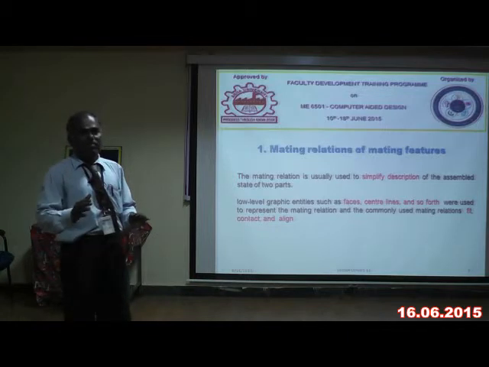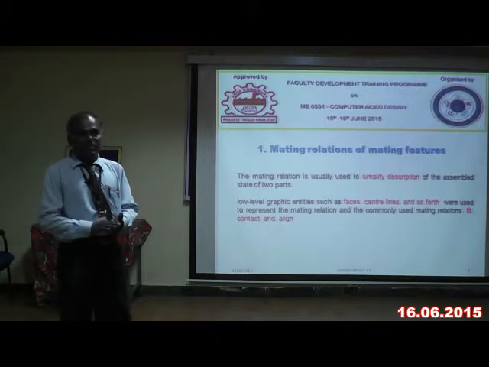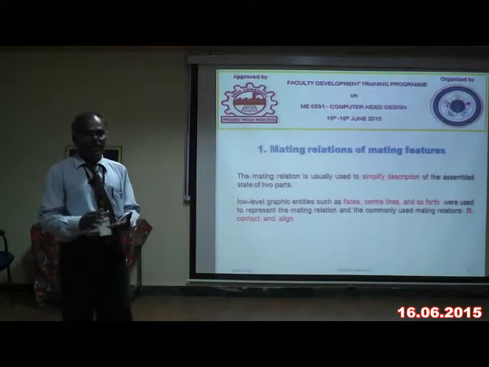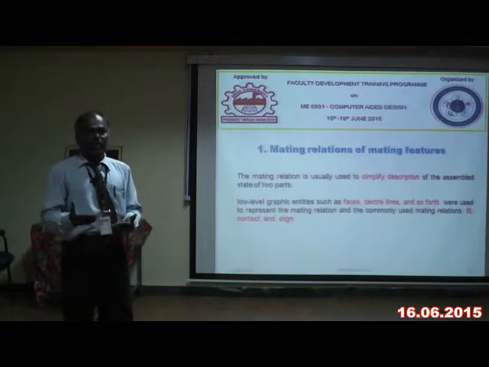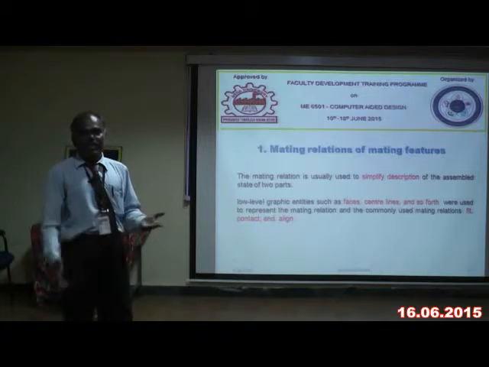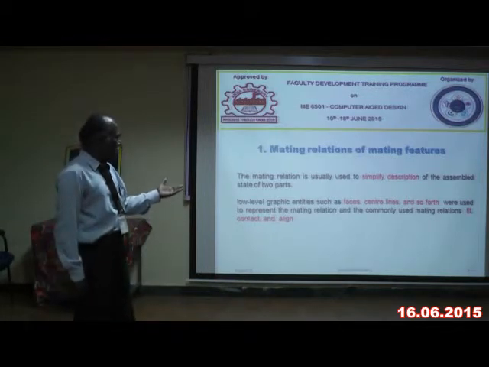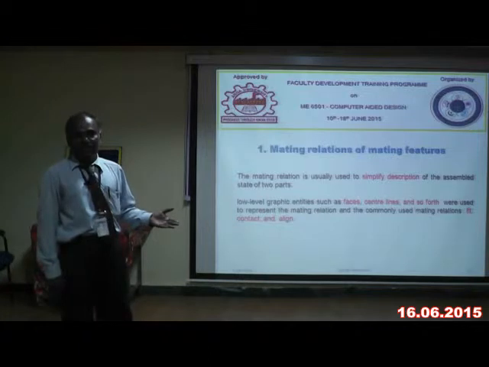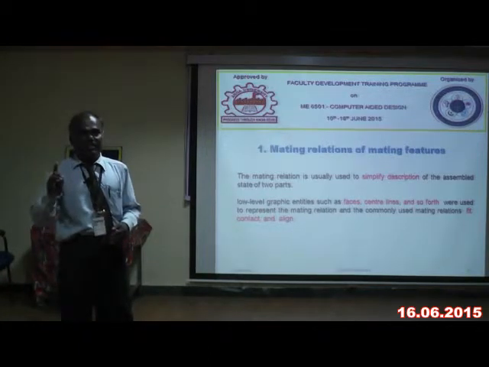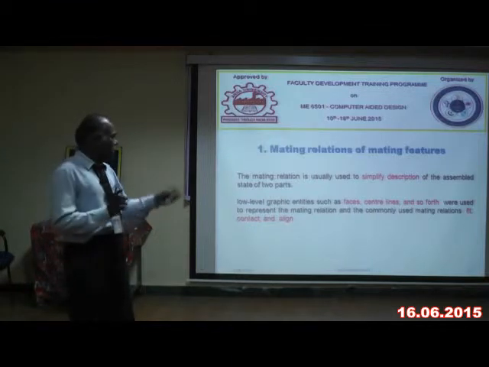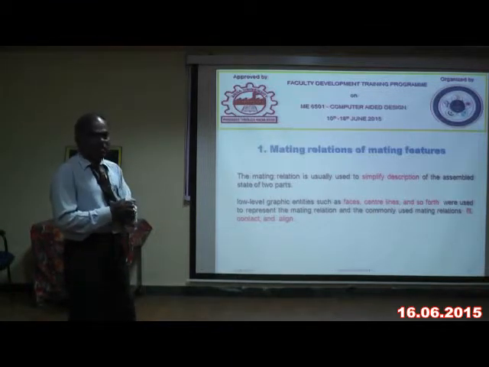The faces of the part, each and every face. In case we take a rectangular, three faces, and then square, four faces, depending upon the geometry features, and then center lines. Center line is essential for giving the direction of movement of the parts, and so forth.